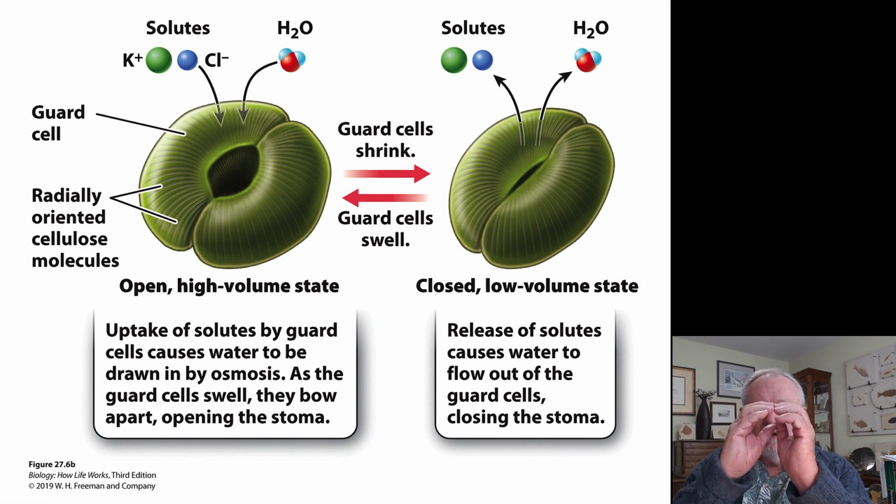What you have is these regions resisting expansion and the expansion taking place there. So we go from a kidney-shaped closed to a kidney-shaped open, all by taking up the potassium and chloride ions.